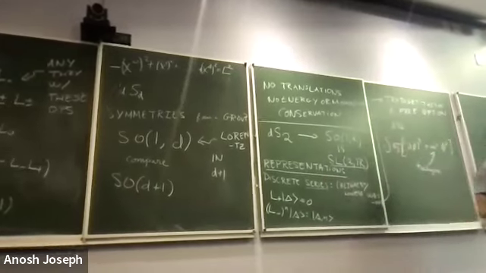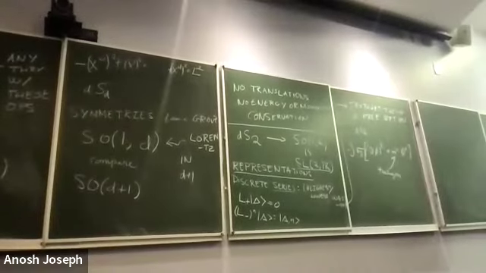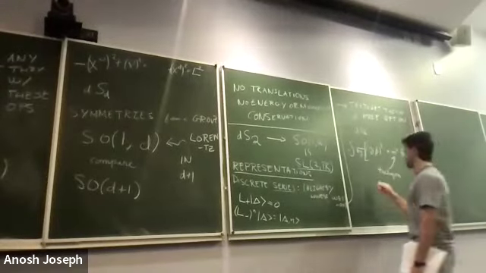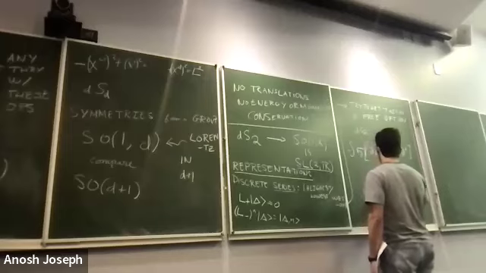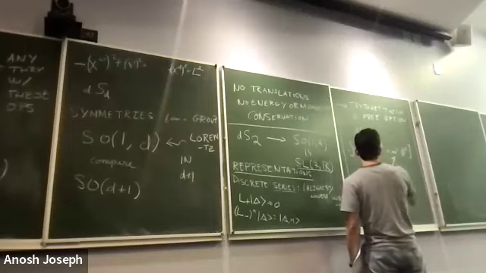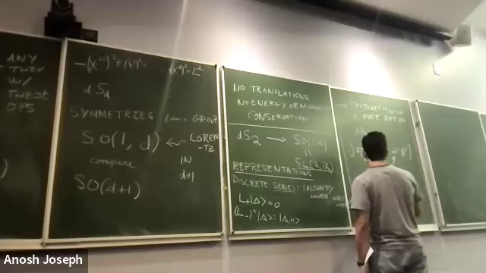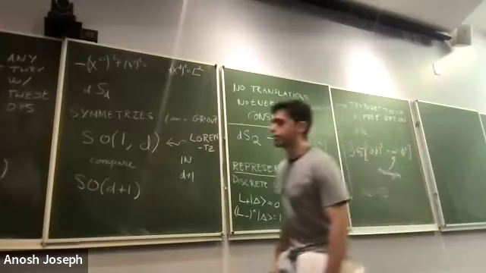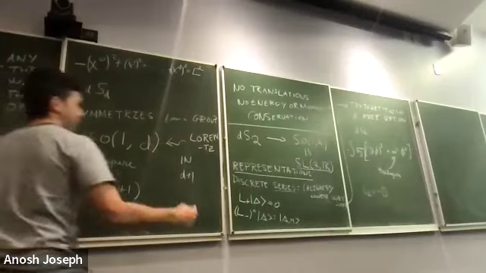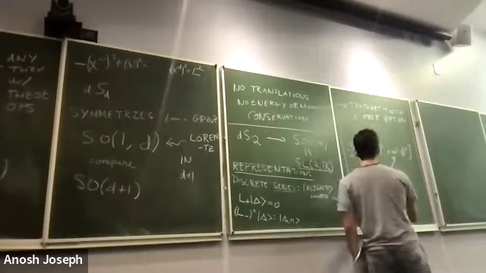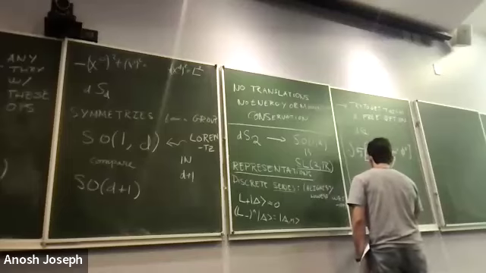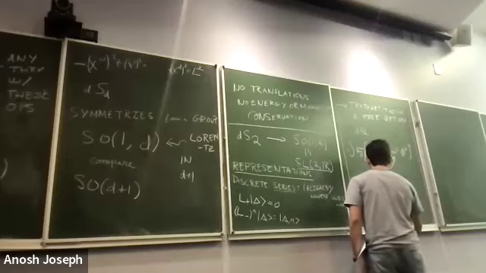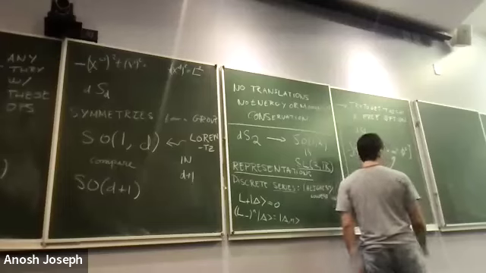In de Sitter, for this scalar field theory, C2 would be minus box, and the equation of motion is C2 phi equal to minus m squared phi.